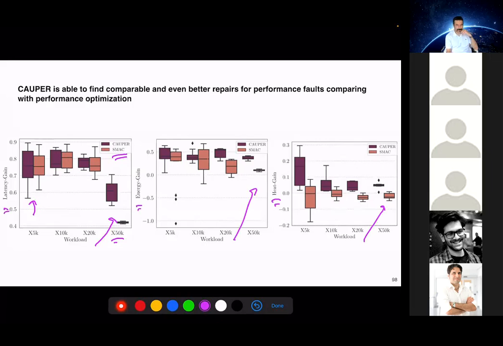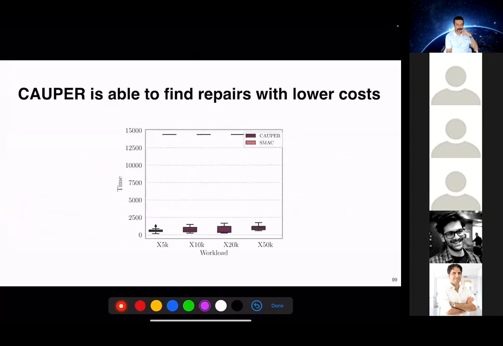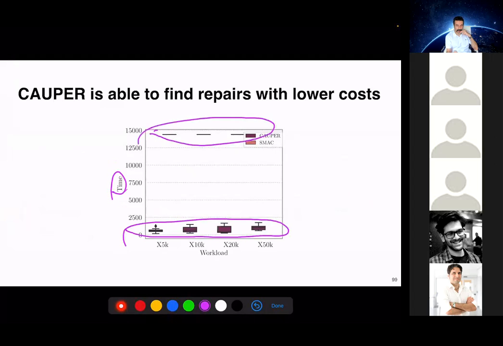But more importantly, we were able to find this considerably faster. So this is the amount of time that it took for finding this repair. This is the time for our approach. This is the time for SMAC. So SMAC takes considerably more time to find this repair than our approach.